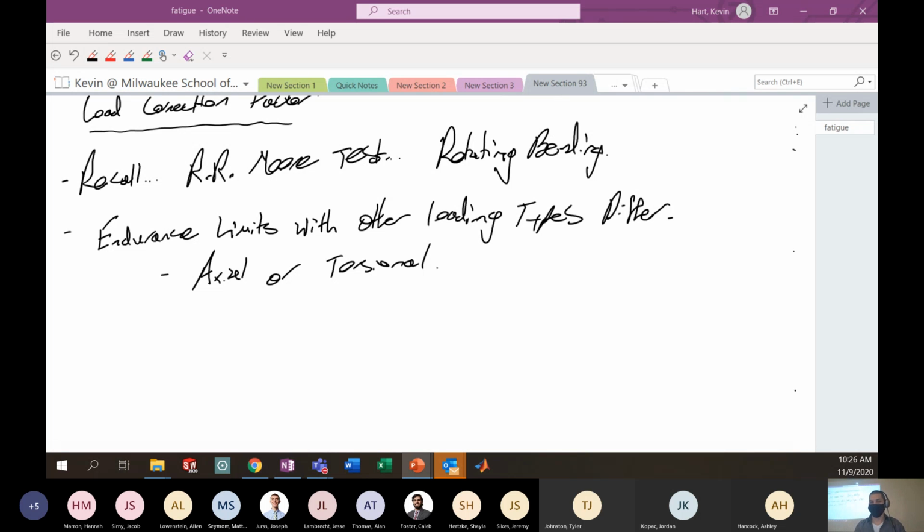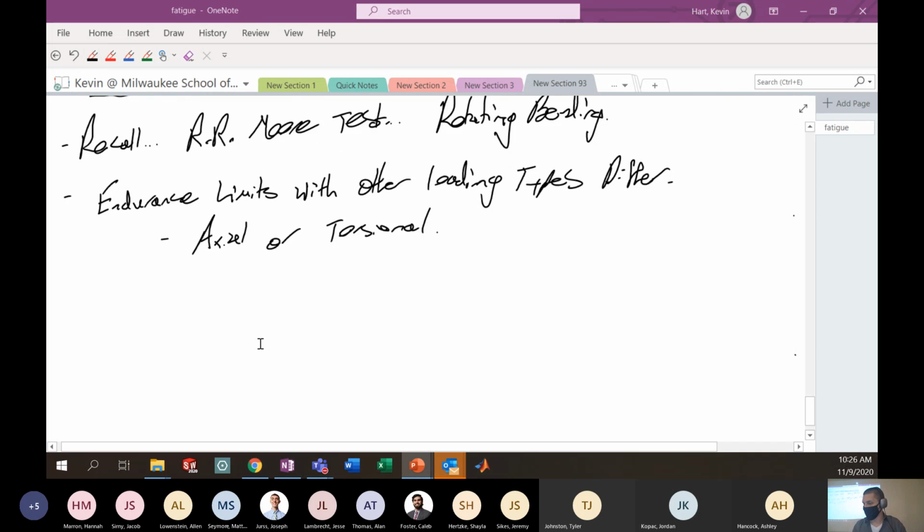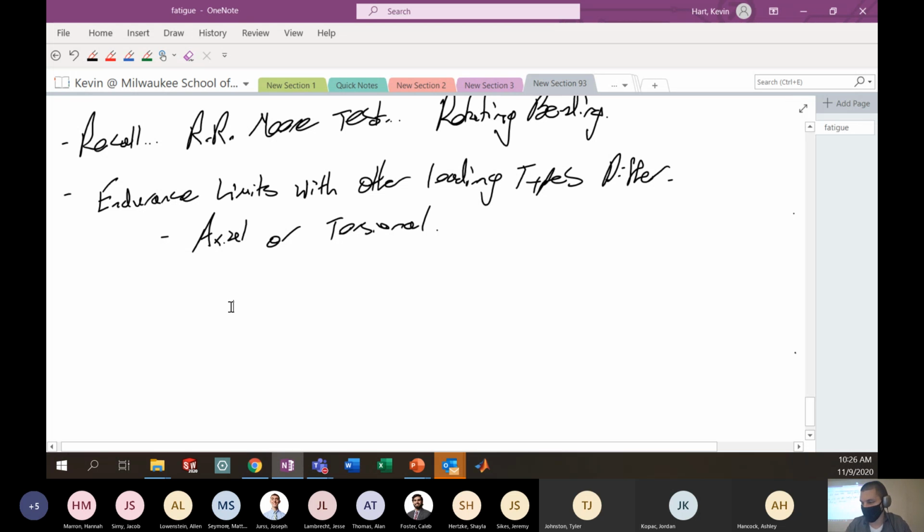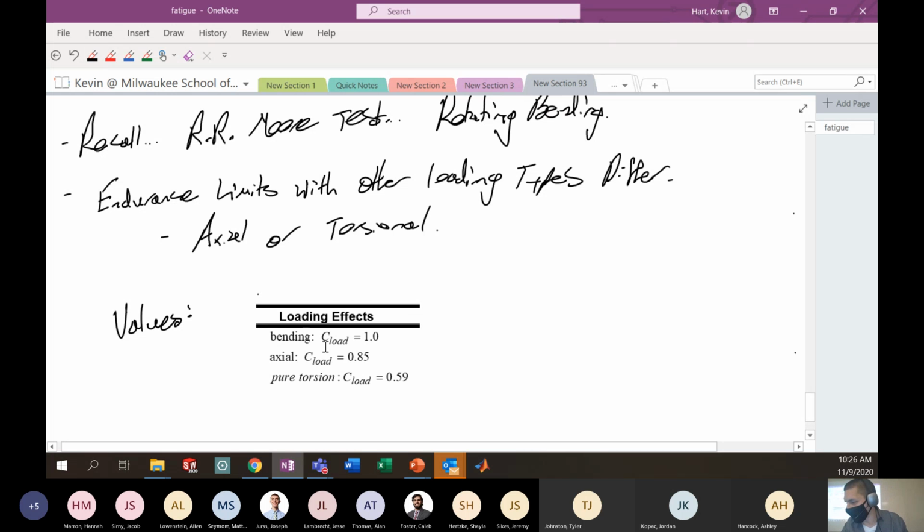And this is pretty straightforward. You just multiply it by a constant. Again, these values are in your equation sheet, and just look like this. For bending, your load modification is 1 because our Moore test is bending, so you don't need to modify by anything.